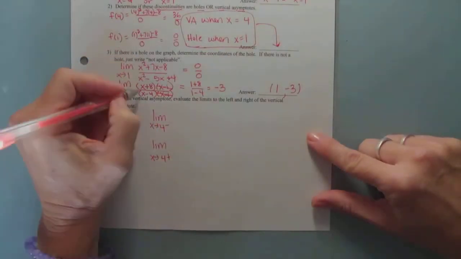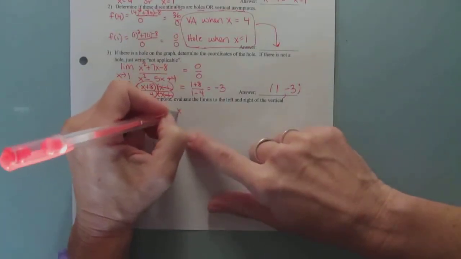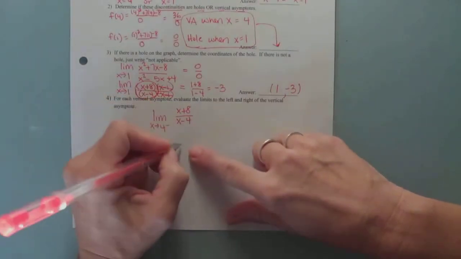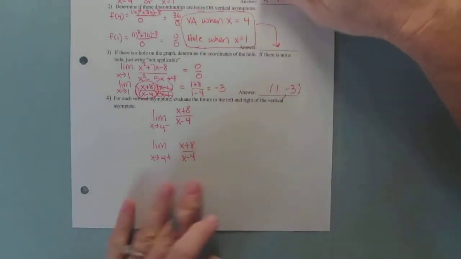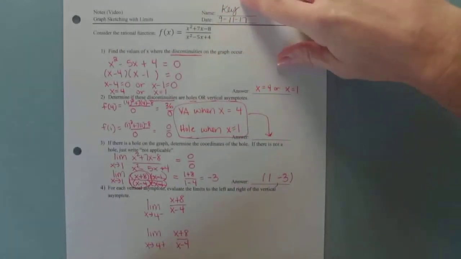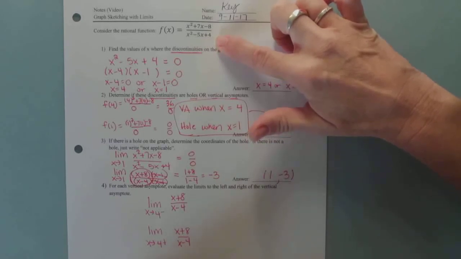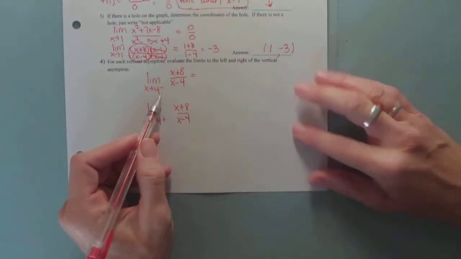I'm going to use the reduced function from step 3, x plus 8 divided by x minus 4. Again, this was gone over in the last video. You can also use the original function. It's just going to be a little bit more involved when you plug 4 from the right and 4 from the left in. The reduced function is much nicer.